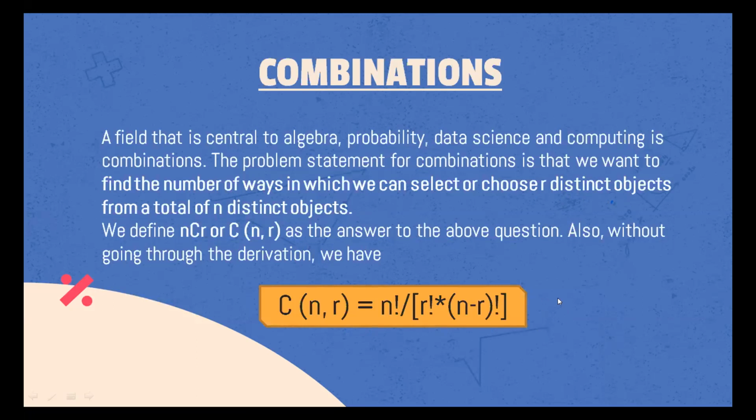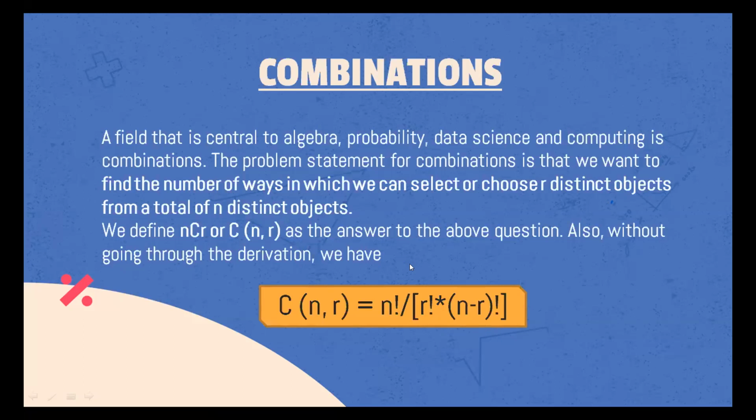So C(n, r) is n factorial upon r factorial into (n minus r) factorial. If you look at it closely, C(n, r) is just P(n, r) divided by r factorial, because P(n, r) is n factorial upon (n minus r) factorial, but now we are dividing by r factorial as well.